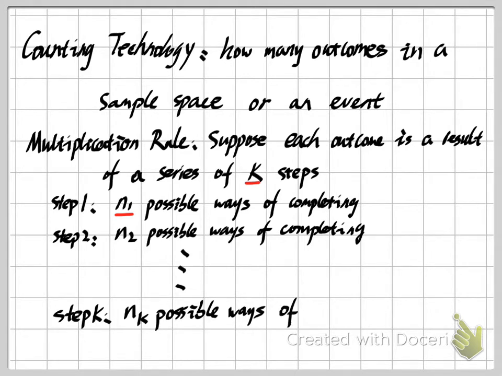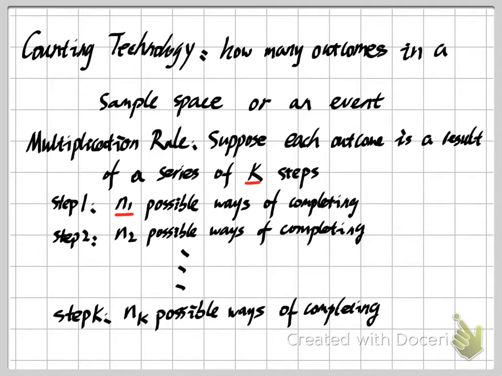However, each step may have the same number of ways to complete it. For example, when we flip coins, for the first one we can get a head or a tail, so we only have two possible ways to complete it. So n1 is equal to 2. We flip the second coin, and it is still head or tail, so n sub 2 is still equal to 2.